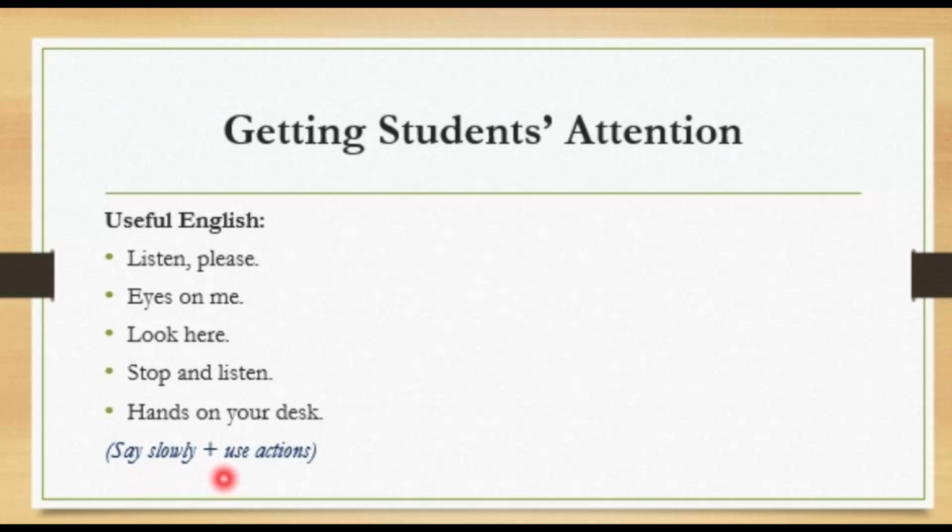We need to use actions more, especially when we teach young children, because they like to do things. They don't want to stay quiet, or they don't want to stay without doing anything. So it's generally true for younger children. To get students' attention, we need to use some techniques. So it's related to teachers' techniques and then teaching methods as well.